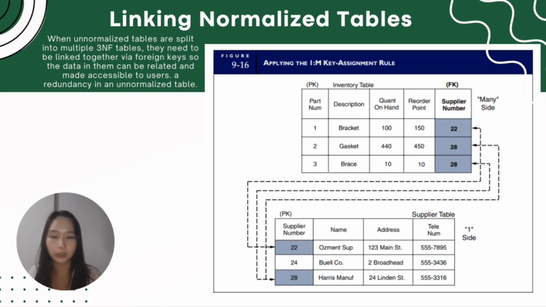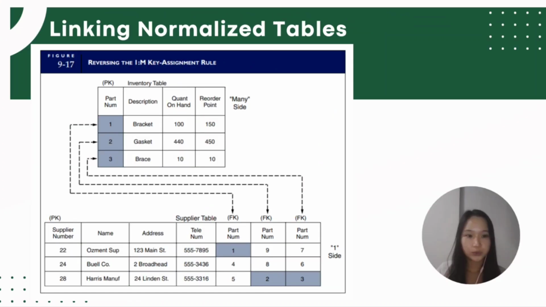On the other hand, when the lower cardinality value is zero, a more efficient table structure can be achieved by placing the one side table's primary key in the zero-or-one table as a foreign key. Second, keys in one-to-many associations: where a one-to-many association exists, the primary key of the one side is embedded in the table of the many side.